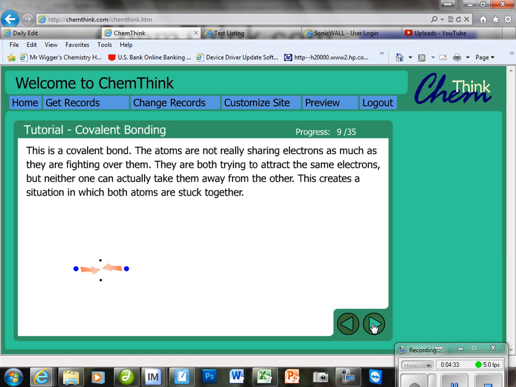So the forces are going both ways, and that's what drives them together, because they're being driven together by the attraction that they both have for those two electrons. And it's good to have two electrons because it makes them look like a noble gas, helium. And sharing is all about getting noble gas configuration, just like we did with ionic bonding.